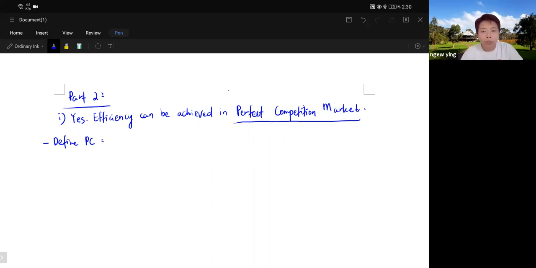As mentioned before, perfect competition is a market structure where no one can set prices. Okay, all prices are determined by the price mechanism or the market forces, and therefore all firms are basically price takers.